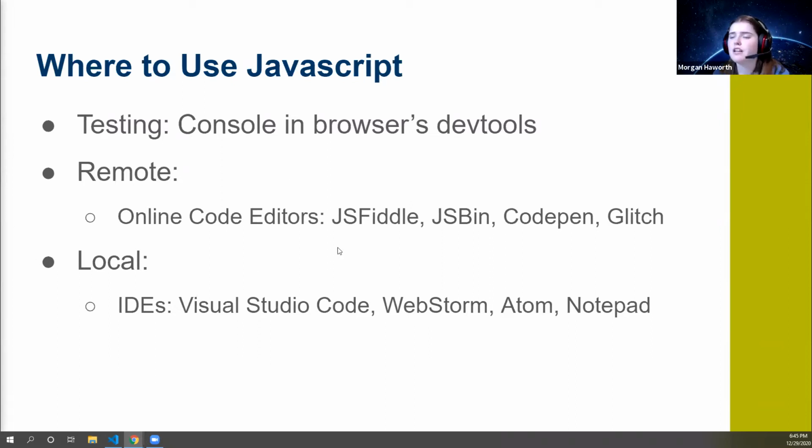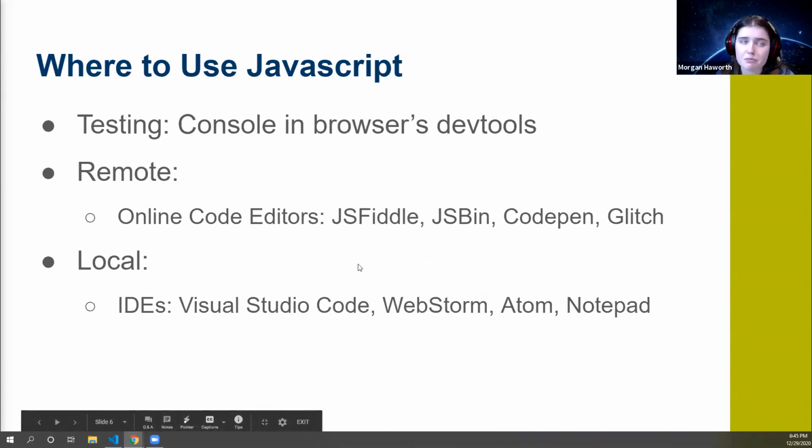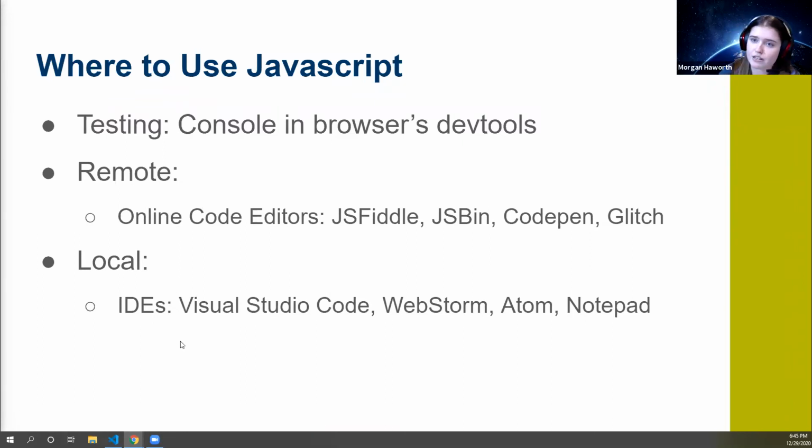With Visual Studio Code. Online suggests WebStorm and Atom. I don't really have experience using these with JavaScript, but they're very popular online solutions for IDEs that you install on your computer. IDE stands for Integrated Development Environment. It's software that you put on your computer for developing applications, and it has a code editor.